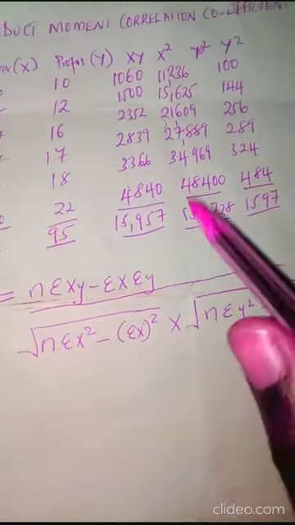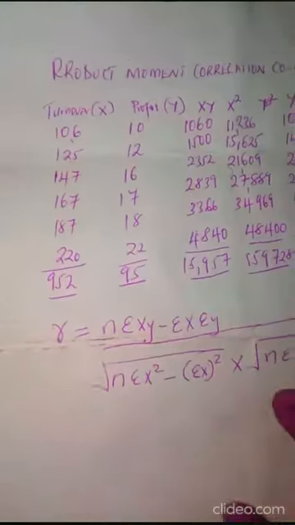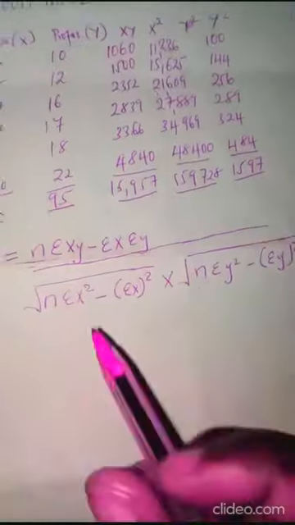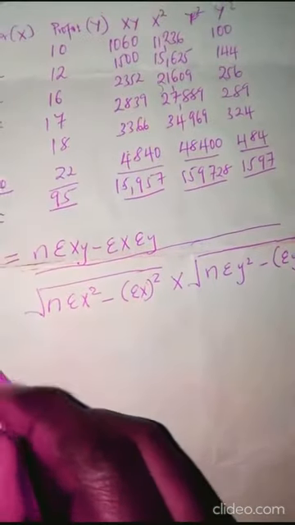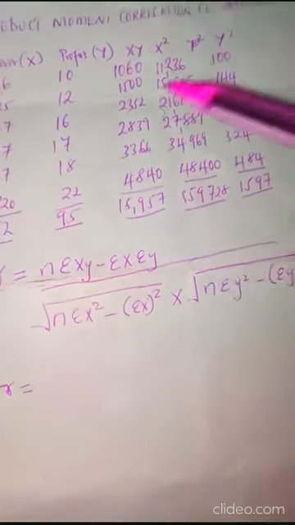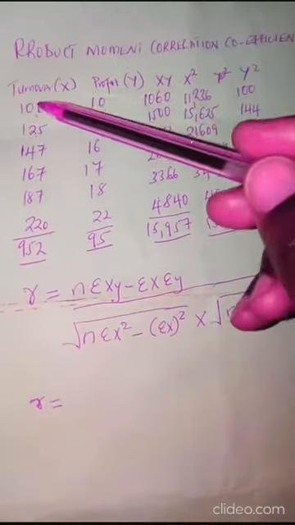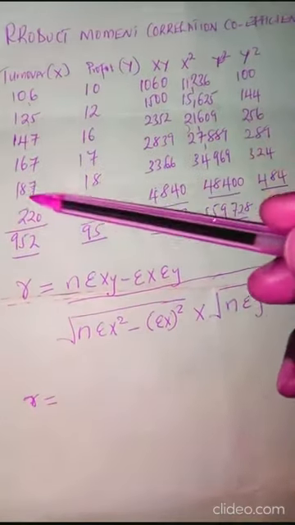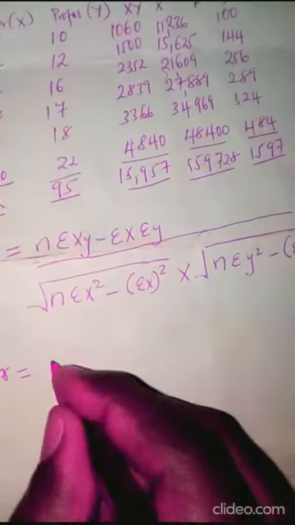Then now you replace these values in your formula. So product moment correlation will be equal to, replacing the value of n by counting 1 2 3 4 5 6. That means your n will be 6.